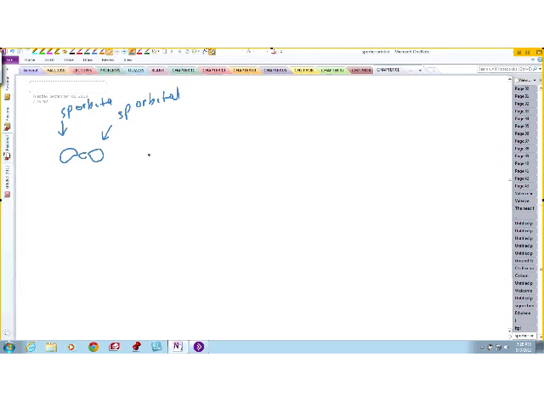You also have another carbon atom next to it, also with sp orbitals. Those orbitals are as far away from each other as possible, and therefore they assume an angle of 180 degrees. The bond angle right here is 180 degrees, because they want to be as far away from each other as possible. The same thing here.